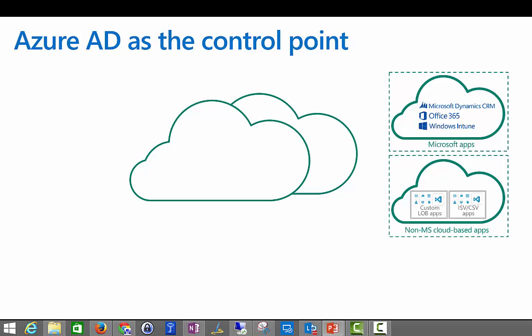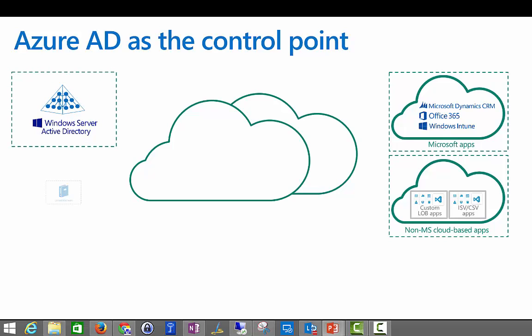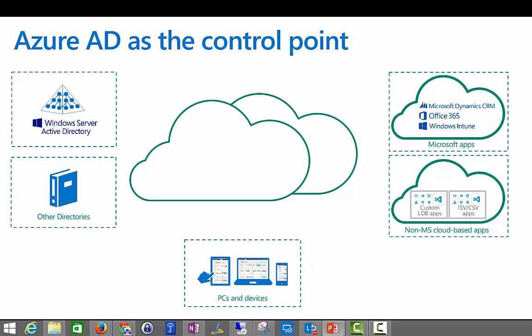One user potentially needs to log into all of those inside a business. They also need to log into a Windows Active Directory on-premise, and they may need to log into other directories like a phone system, and we need to control their local PCs and their devices, which we have to do through identity. Traditionally, the way we've done that was with an AD.